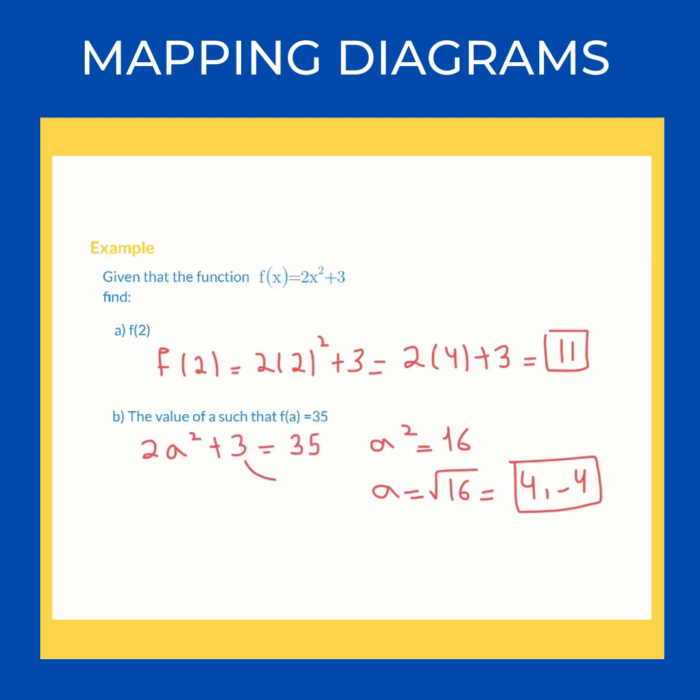Moving 3 to the right-hand side, 2a squared equals 32, divided by 2 on both sides. So a squared is equal to 16. What's a? a is the square root of 16, which is 4 and negative 4. So 4 and negative 4 is the answer to part B.